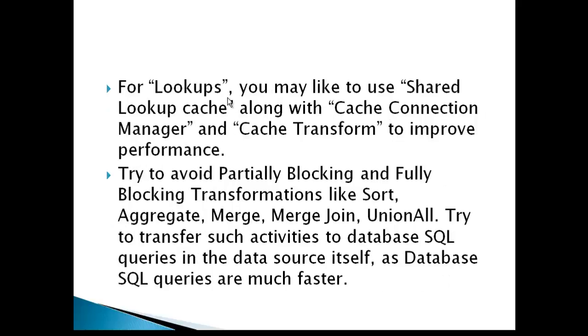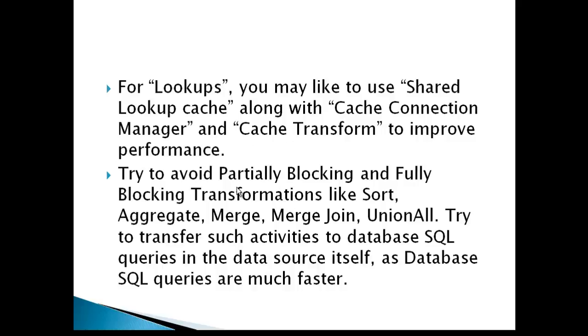For lookups, you can use shared lookup cache, which can improve the performance of the lookups. If we want to use shared lookup cache, then we will have to use the cache connection manager and cache transformation. Along with this, if we use shared lookup cache, then it can improve the performance of the lookup.